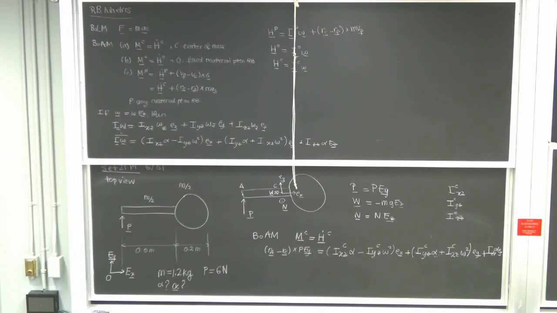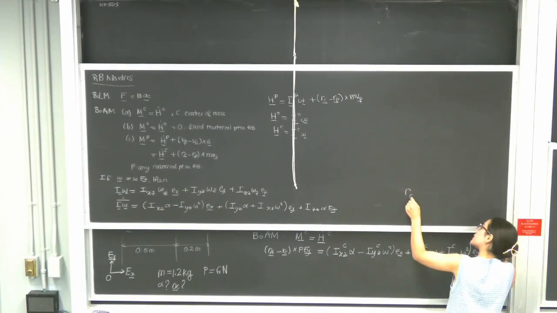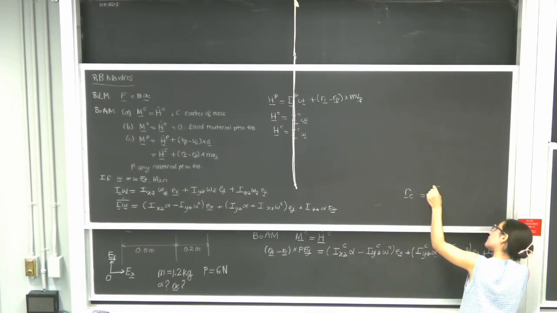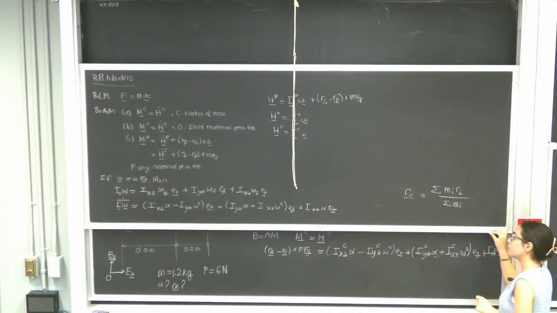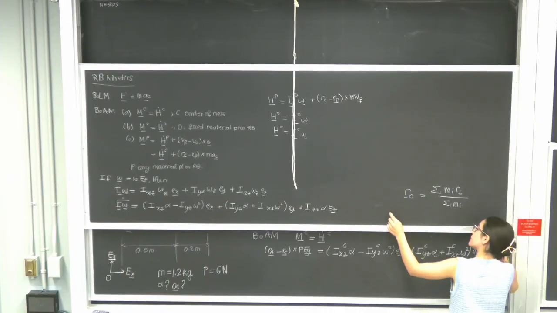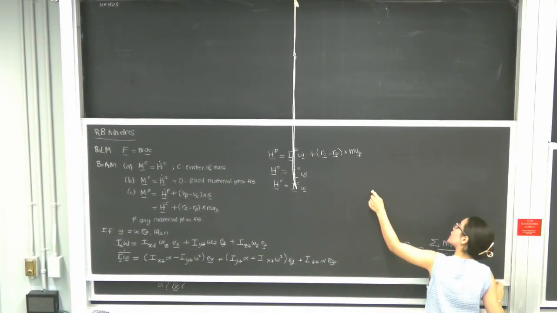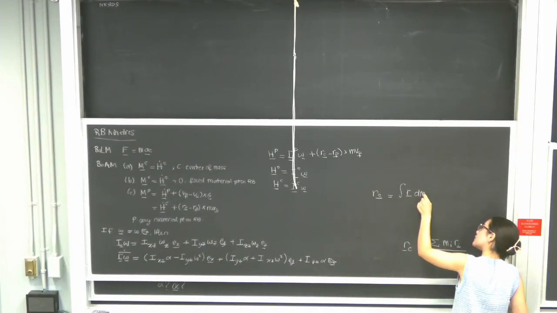Do we see what we did here? The formula for our center of mass is RC is the sum of mi Ri over the sum of mi. Or even if you consider the integrals, RC is the integral of R dm over the total mass.